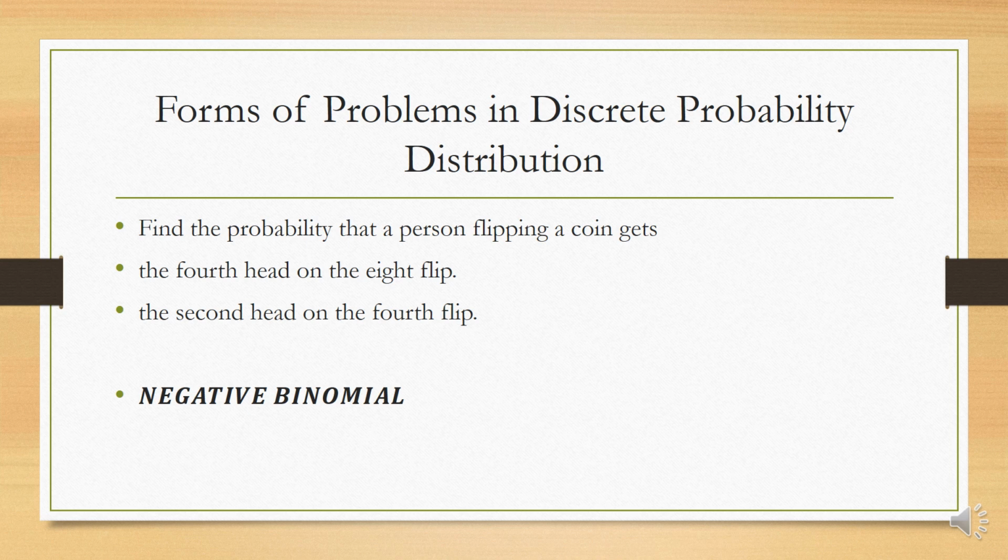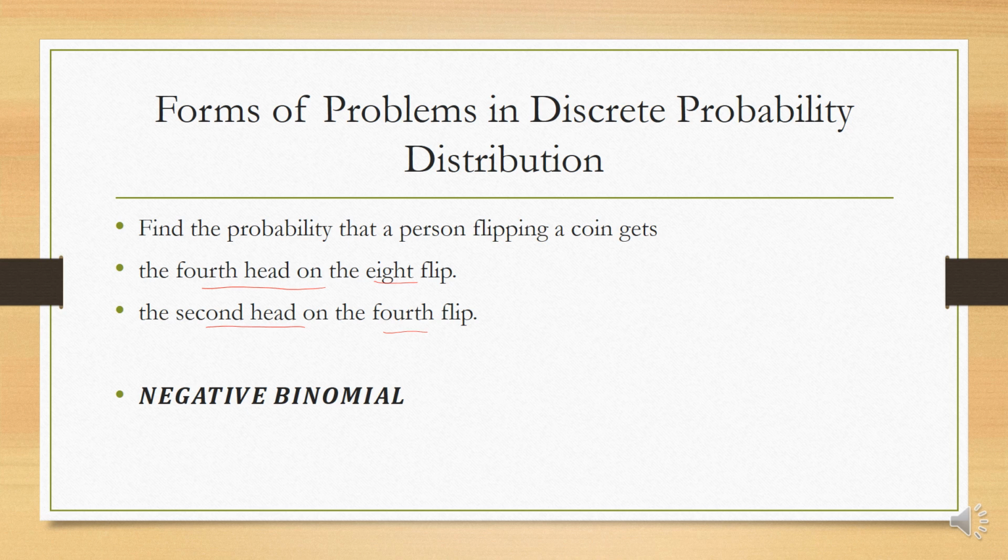The next one is an example of a negative binomial. If you will look at the wordings, we have: find the probability that a person flipping a coin gets the 4th head on the 8th flip, the 2nd head on the 4th flip. So, meron kang dalawang dinidiscuss na order, no?